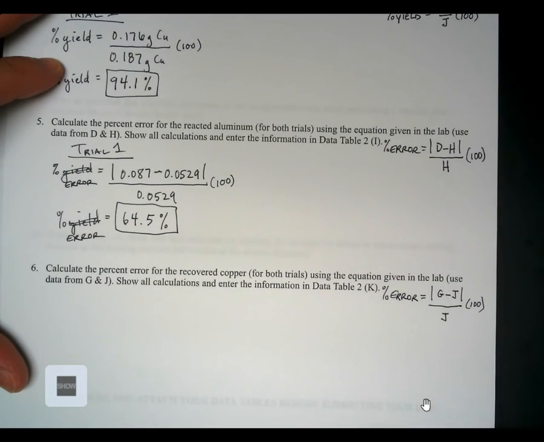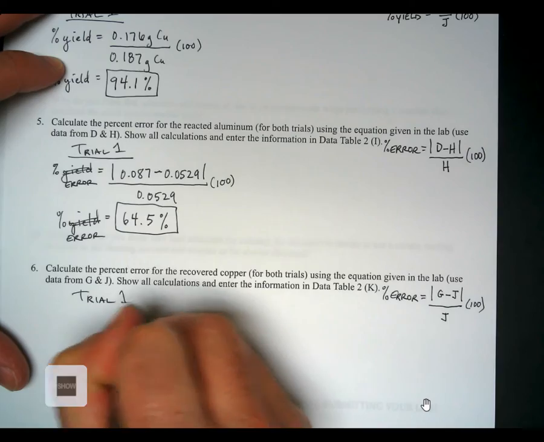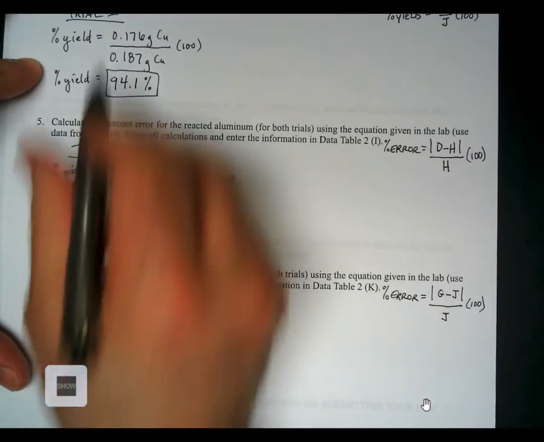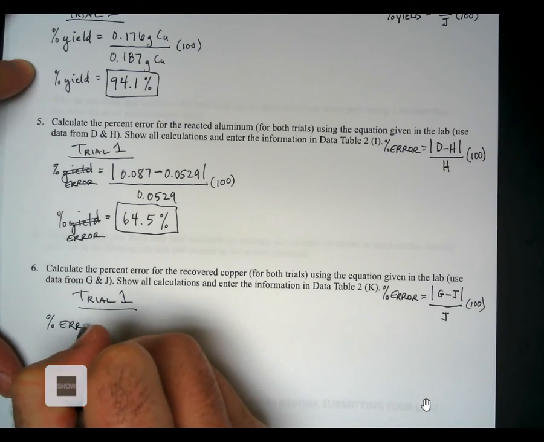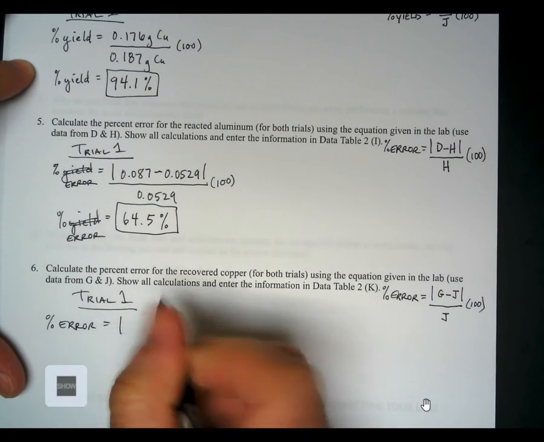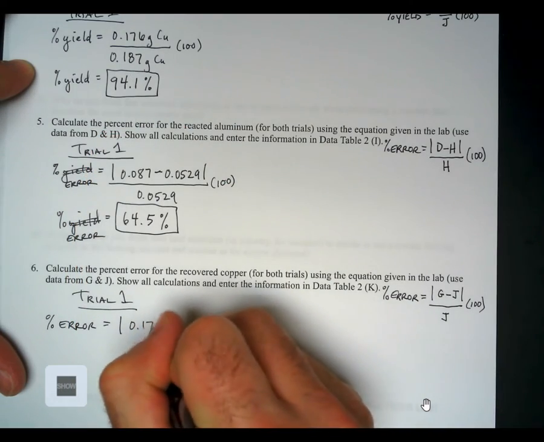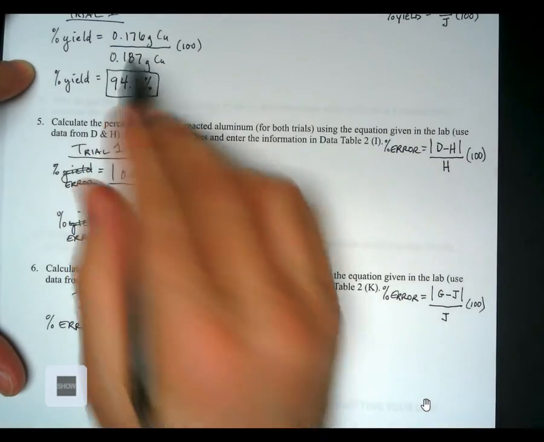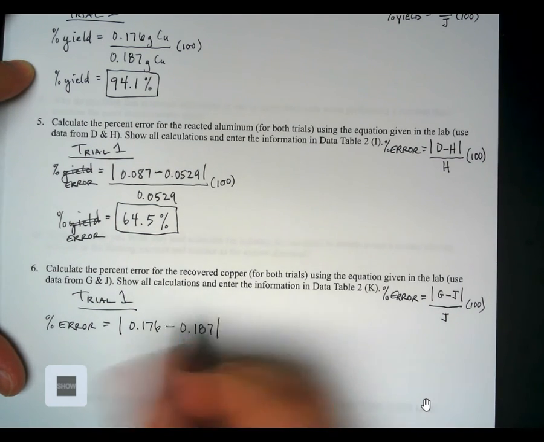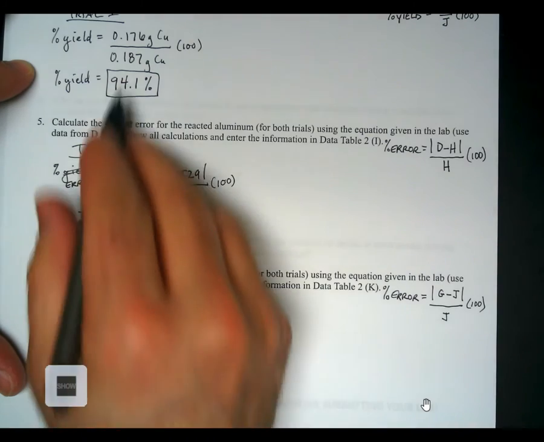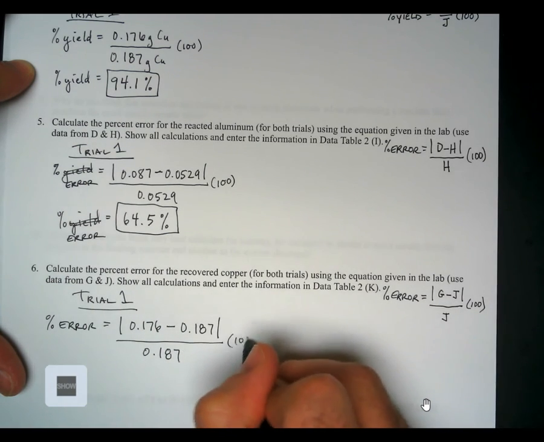Okay, so for trial 1, and again, you don't even have to go to your data table for this because you've got all the numbers in number 4. So percent error equals, my actual is the one on the top here, 0.176, minus my theoretical, the one on the bottom, 0.187, all over my theoretical, 0.187, then times 100.